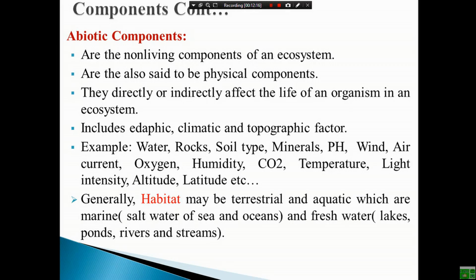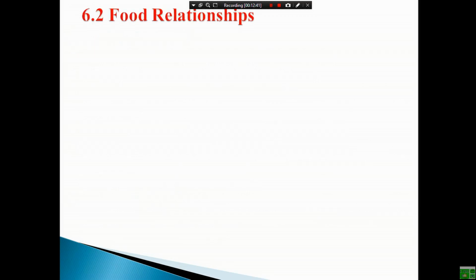And if it is aquatic, aquatic habitats are marine and freshwater. Marine means water bodies of salt water, seas and oceans. And freshwater includes lakes, ponds, rivers and streams. So those are the categories of habitats.